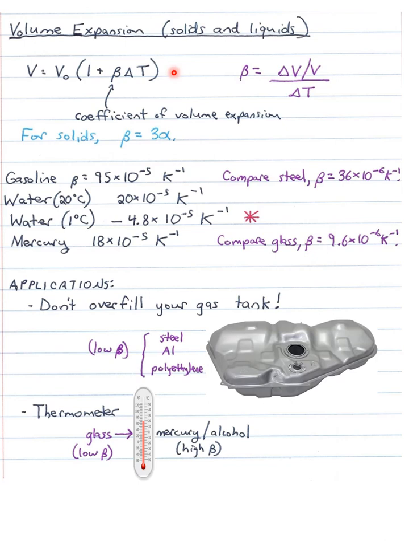street. Now, gas tanks, as you can see one pictured there, tend to be made out of steel, aluminum, maybe polyethylene, and they have a relatively low coefficient of volume expansion.